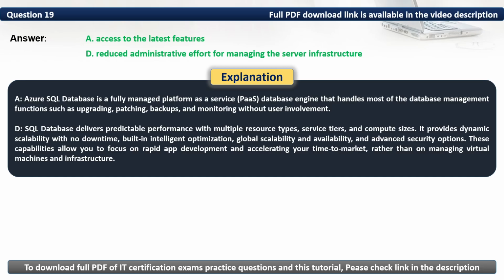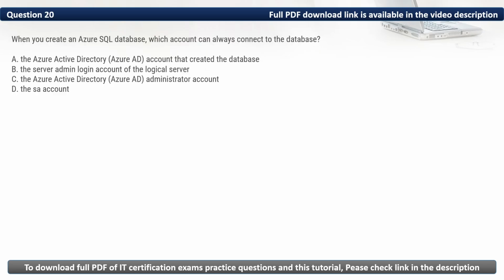It provides dynamic scalability with no downtime, built-in intelligent optimization, global scalability and availability, and advanced security options. These capabilities allow you to focus on rapid app development and accelerating your time to market rather than on managing virtual machines and infrastructures.